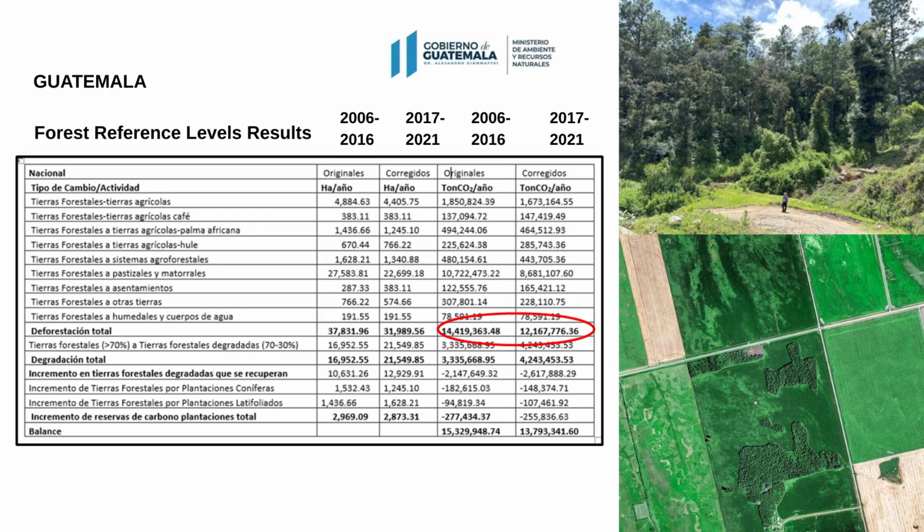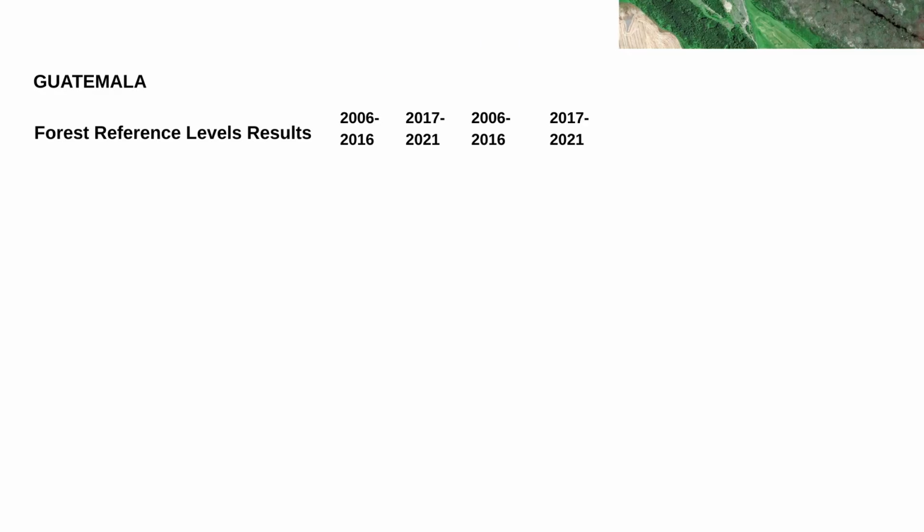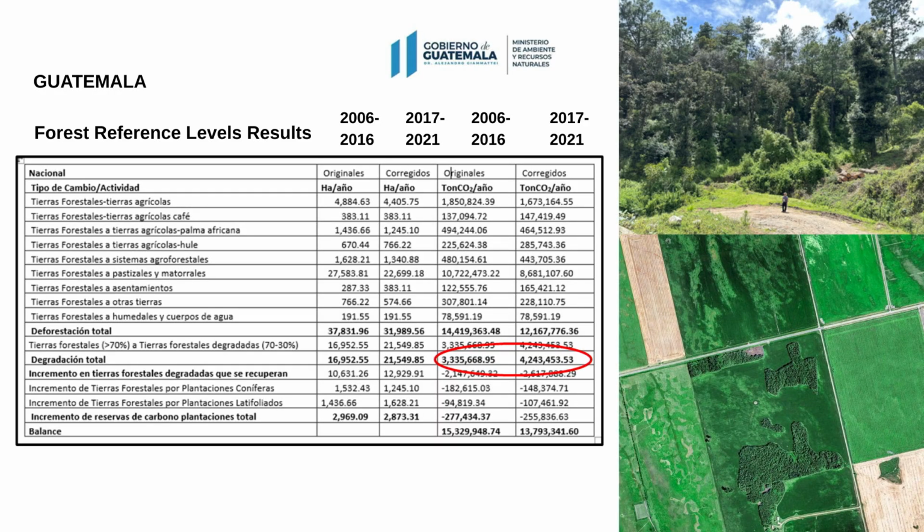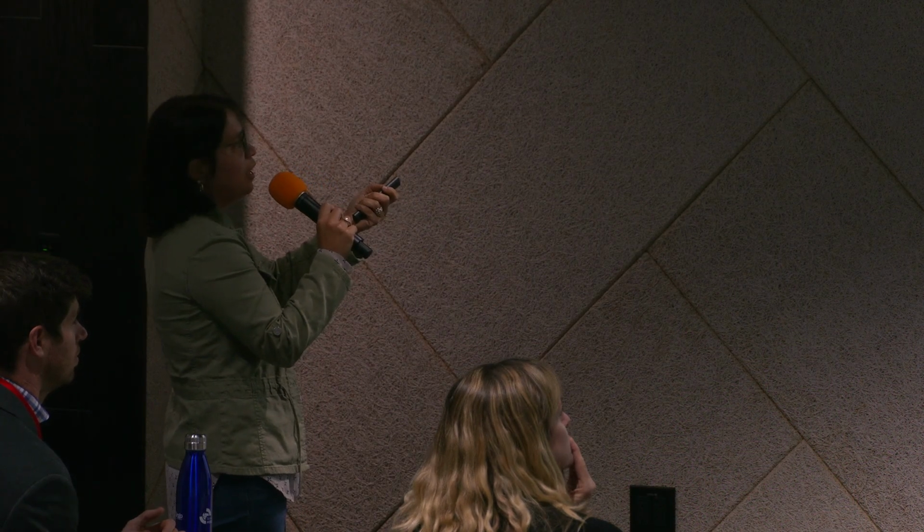They show that the total deforestation decreased by about 2 million hectares per year, but the total degradation increased, and that's because they were using platforms such as Google Earth Engine and accessing high-resolution data, so they were able to detect small areas of change, and then the increase of carbon stocks decreased.